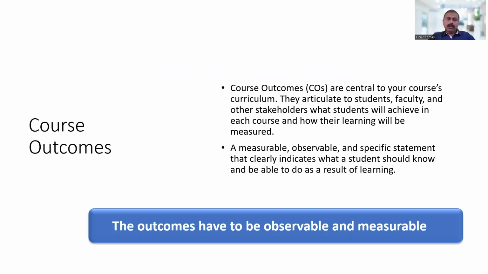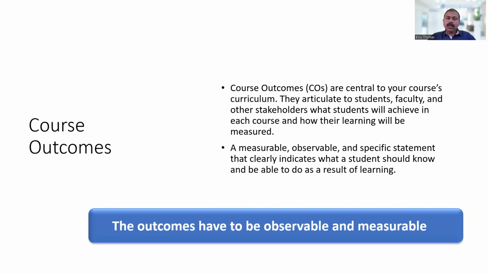When we think about learning outcomes, the fundamental teaching-learning process in education institutions happens with courses. We all teach courses for different programs, so teaching courses is the fundamental activity in any program. For the courses, we need to have course outcomes, and course outcomes are the fundamental building blocks of outcome-based education.